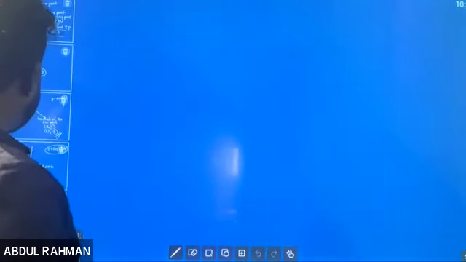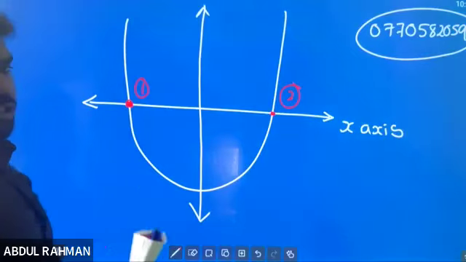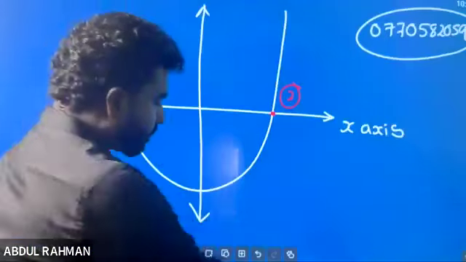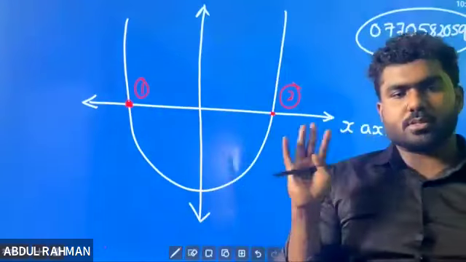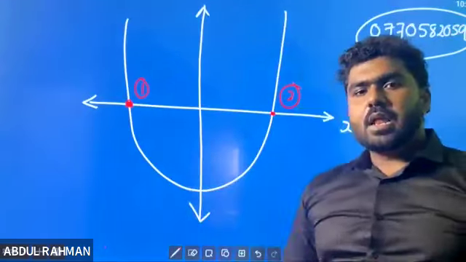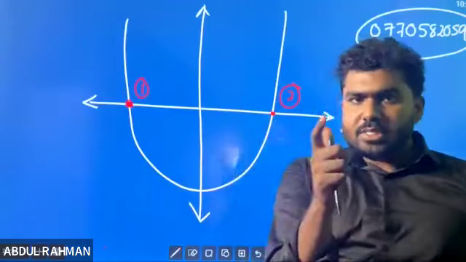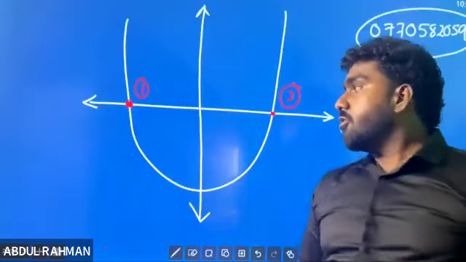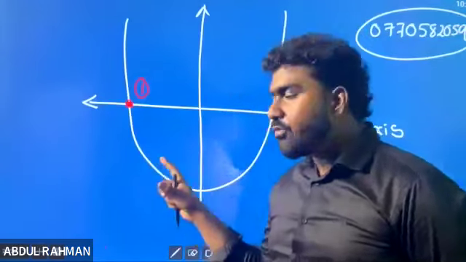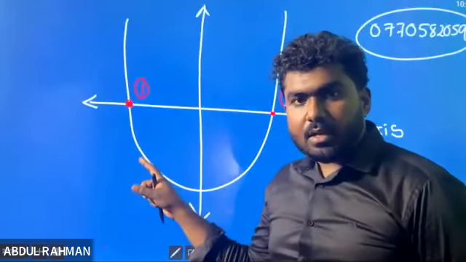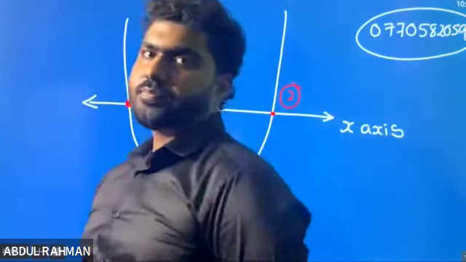Fine. Now, coming into the roots of the graph. Look at the roots. What do I mean by roots? Roots are the points where the graph will cut the x-axis.